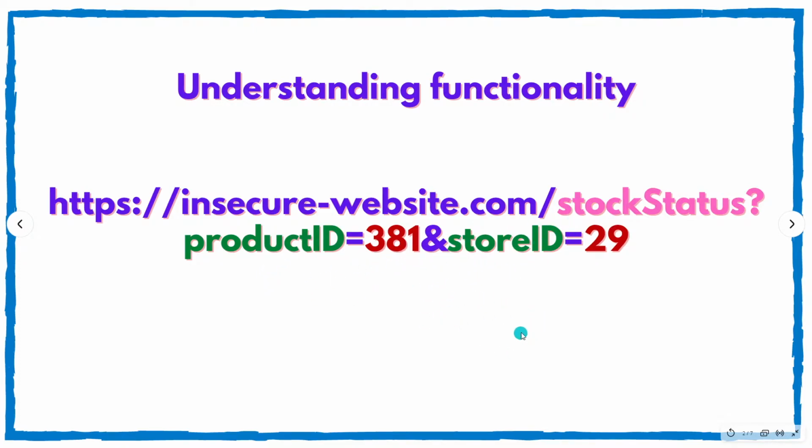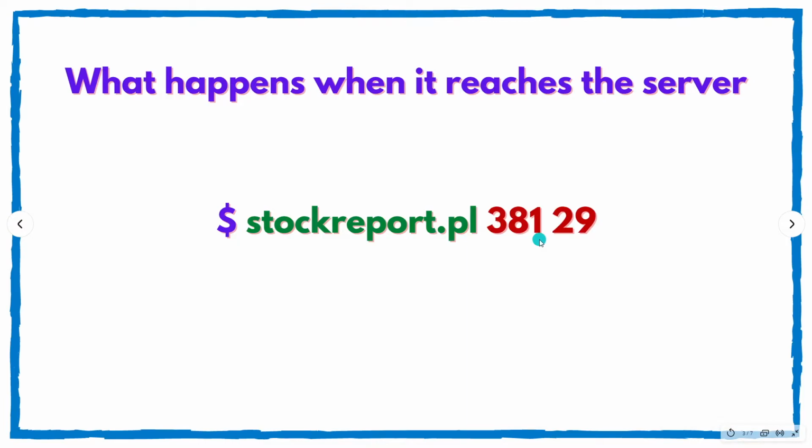So when we click that button, the browser sends a request to the check stock API endpoint with these values. Now let's see what happens when it reaches the server. Probably in this scenario, there is a script called stockreport.pl. It's a Perl script in this case.